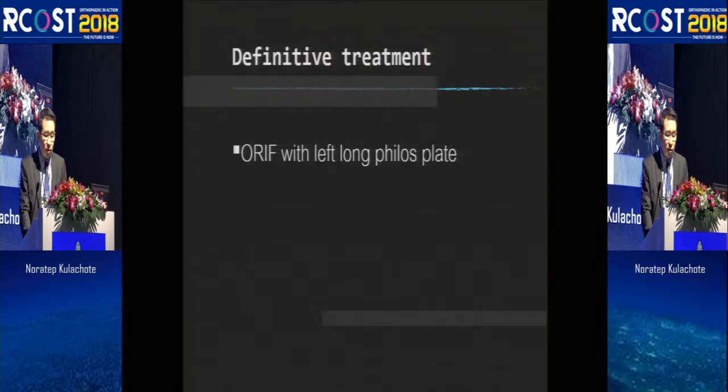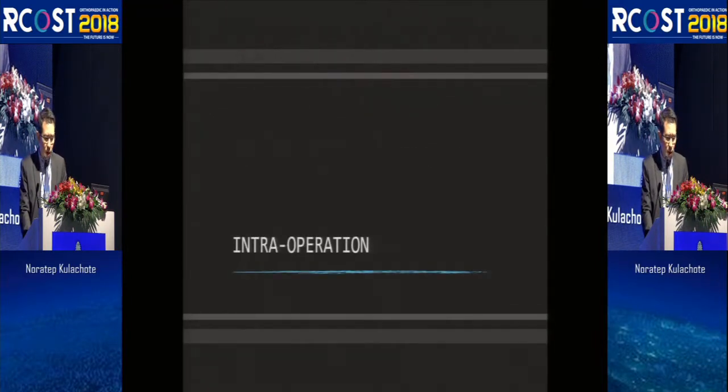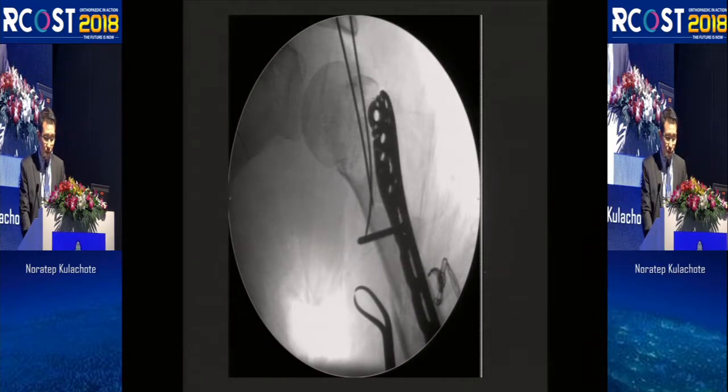So in this case, I fixed this patient with a long Philos plate. Under intraoperative fluoroscopy, I reduced the fracture first by lifting the humeral head, and then I reduced the greater tuberosity to make sure that the relationship between the head and the greater tuberosity is around 5 millimeters.